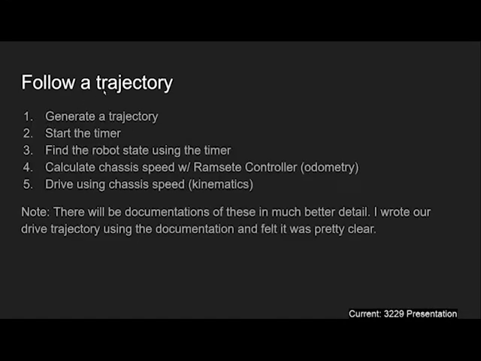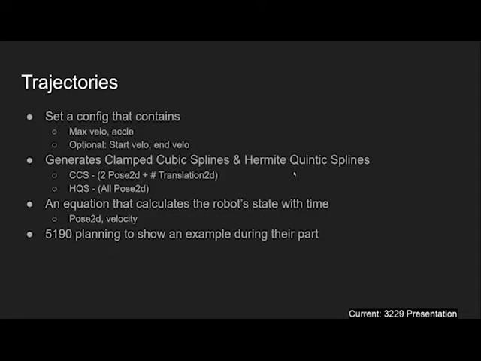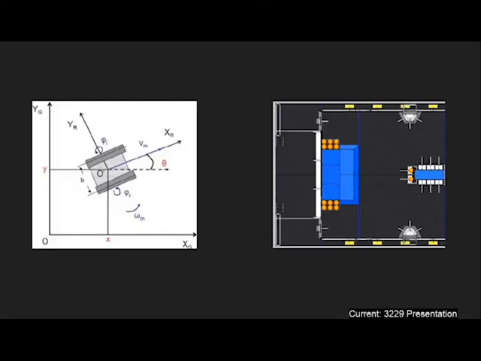So you can follow the trajectory by these steps. First you generate a trajectory, start a timer, and find the robot state using timer.get. Once you get the robot state, you put it into a RAMSETE controller, which compares the current robot position to the supposed robot position.